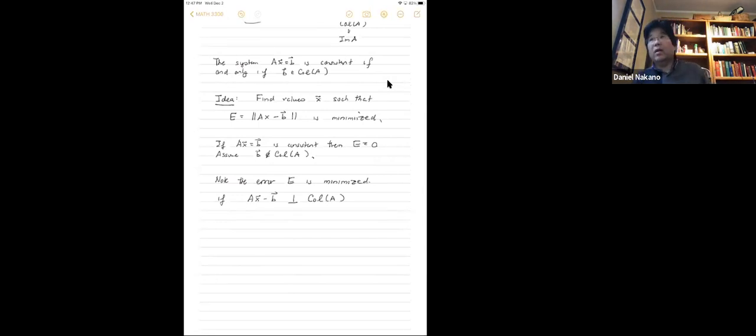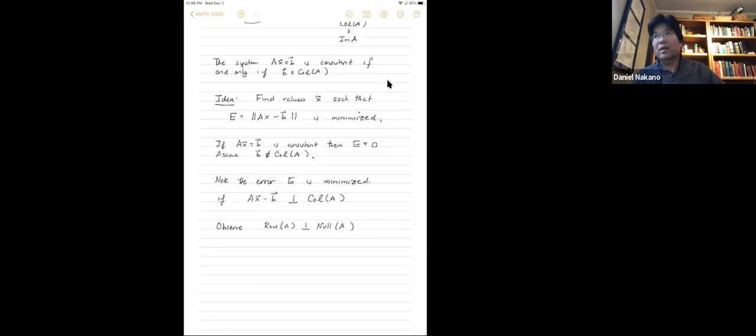Okay, now let me argue this through next. Observe that the row space of A is perpendicular to the null space of A. The row space of A is just the span of the rows of A. So when I take the dot product of the rows of A with something in the null space, I get 0.